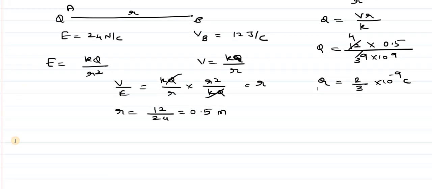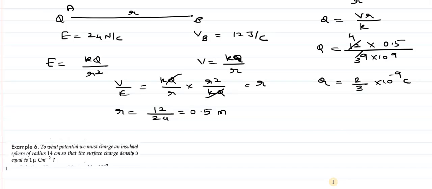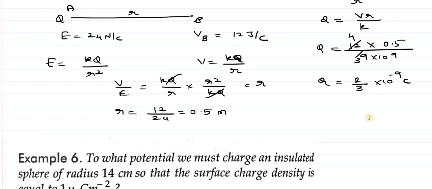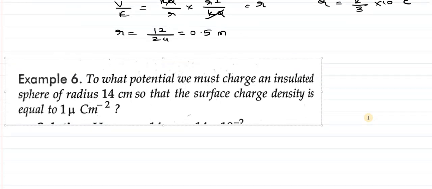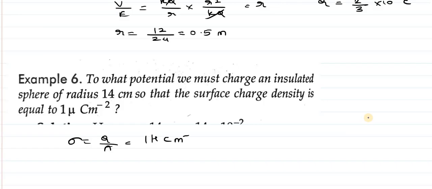Next sum you can try on your own because it's a very simple sum. I am doing it along, just do it along. Now, to what potential we must charge an insulated sphere of radius 14 centimeter so that the surface charge density Q by A is equal to 1 micro coulomb per meter square, that is 10 power minus 6 coulomb per meter square.